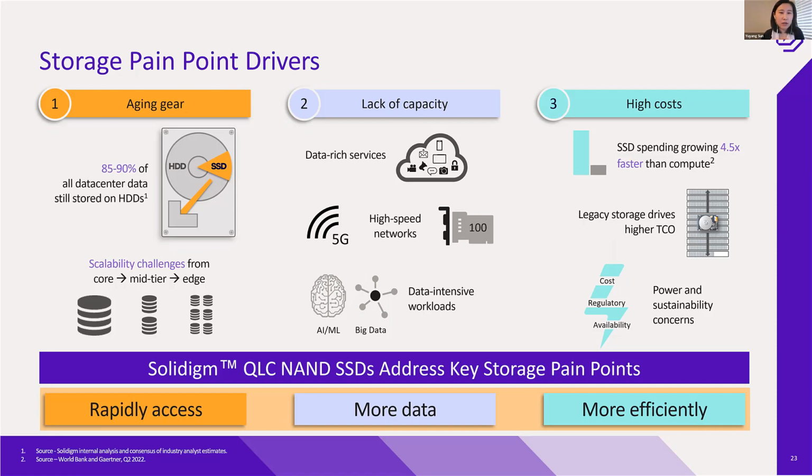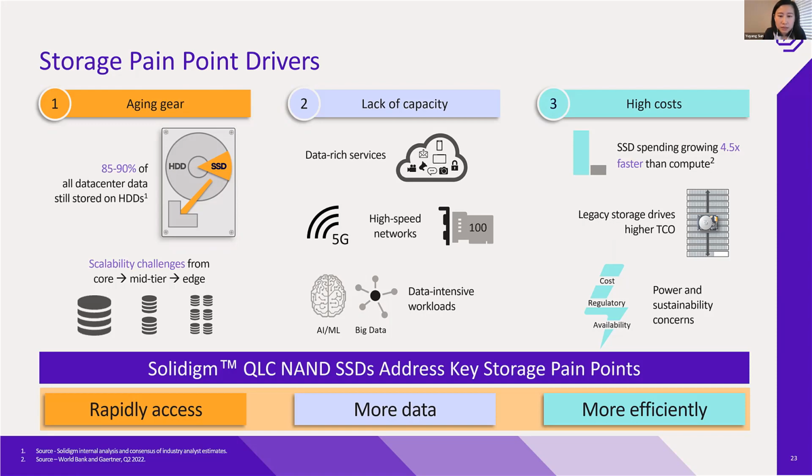So today we'll talk about QLC SSD mostly. If you look at the slide, this is a survey we've done internally and externally across the industry about what's the biggest storage pain points in the data center. You can see we have aging gear, lack of capacity and high cost.